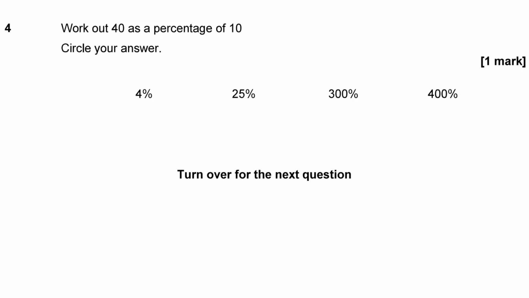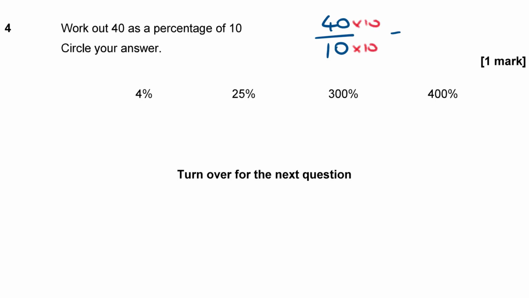Question 4. Work out 40 as a percentage of 10. Circle your answer. Okay, so we want 40 as a percentage of 10. In other words, 40 over 10 is a fraction. So if I want to turn a fraction over 10 into a percentage, I need to change the denominator to 100, which I can do by multiplying by 10.